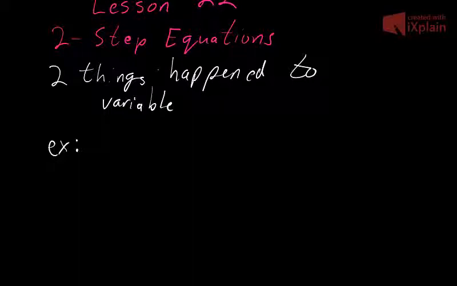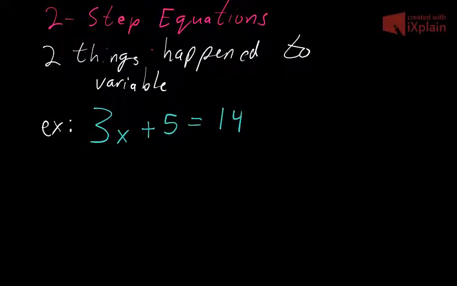So my example here is going to be 3x plus 5 equals 14. We're going to do the same two steps. My step one is going to be to split the equation in half.